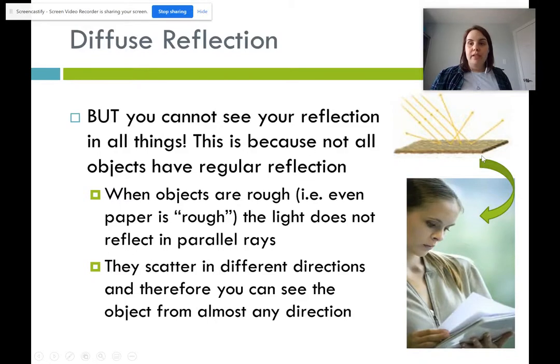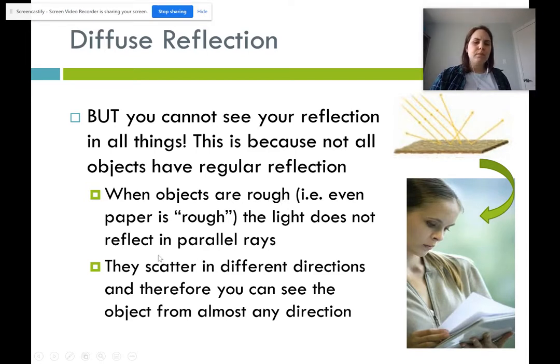But we know we can't see a reflection in all things. If I hold my calculator up and look at it, I can't see a picture of my face in the back of it. That's because this calculator doesn't have regular reflection. When objects aren't shiny enough or don't have a smooth enough surface, you're not going to see regular reflection, which means parallel rays going in are going to bounce off in a bunch of different directions. This may be because the surface of the object is rough.